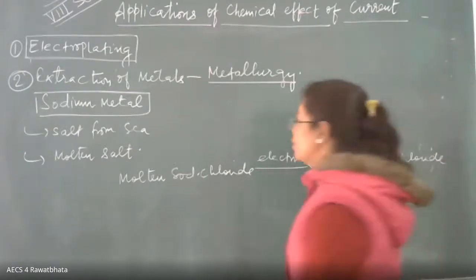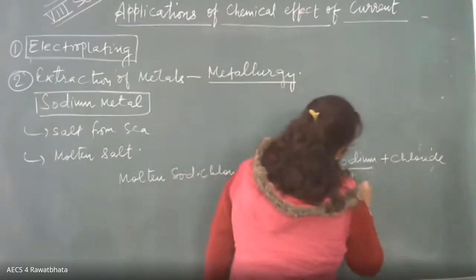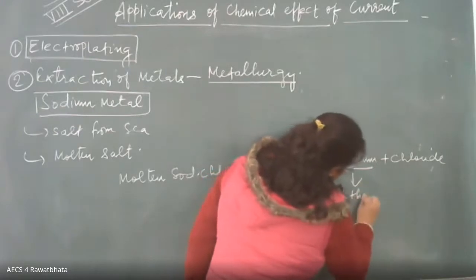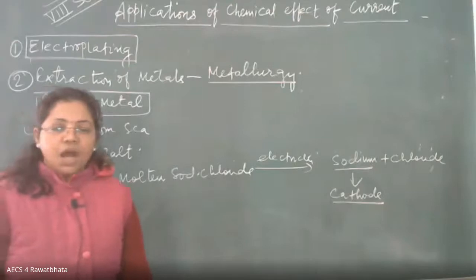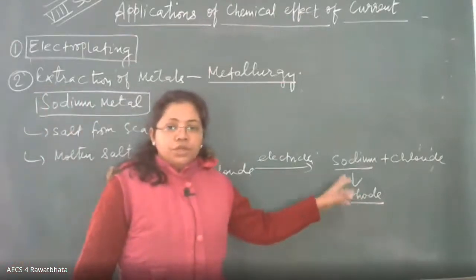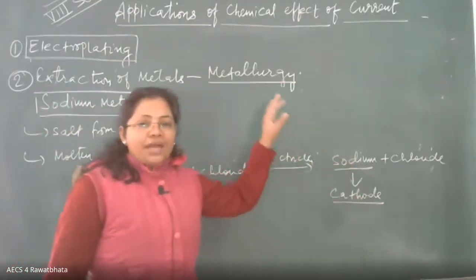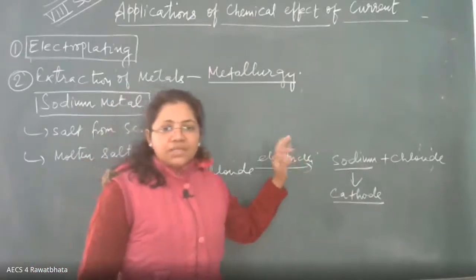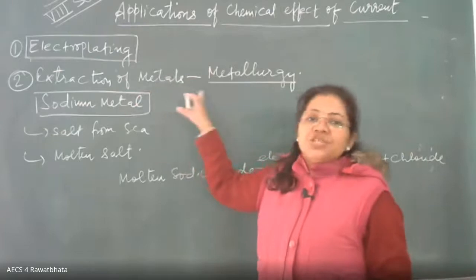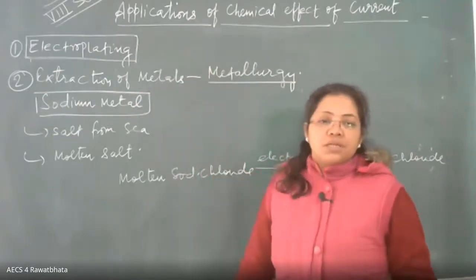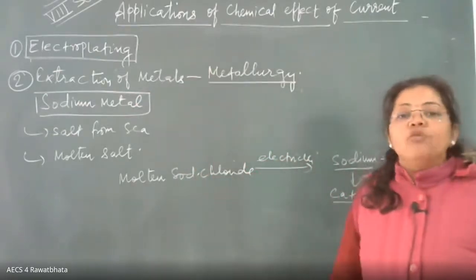As I told you, sodium is a metal and it will get deposited at the cathode. I hope you got it. Daksh, you need not write the whole process because it is quite detailed, but you have to write down the application headings, that extraction of metals. This I'm telling as one example of how we obtain them.